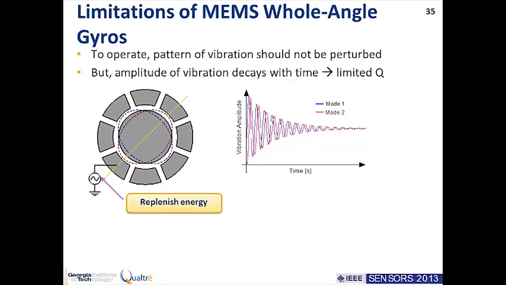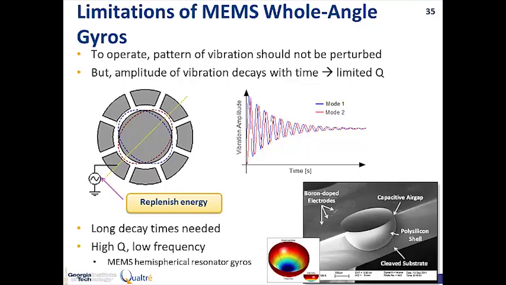That's why there are these new programs sponsored by DARPA, in which they're trying to implement this hemispherical type of micro gyroscope, in which not only can you get very high Q from your micromachining process, but also, since they're very flexible and have very low frequency, your decay time is much lower.